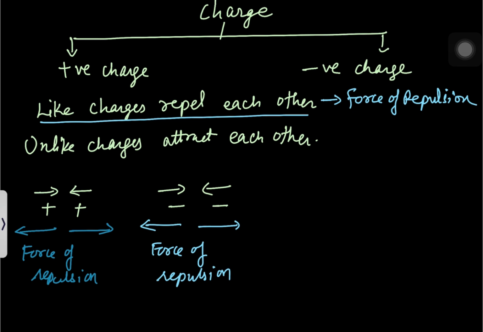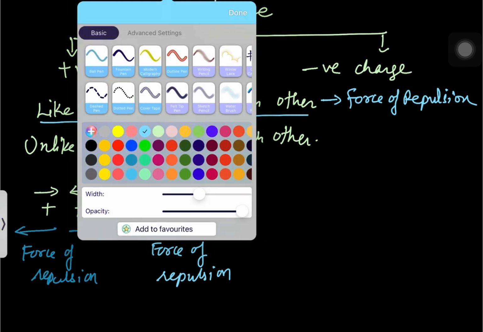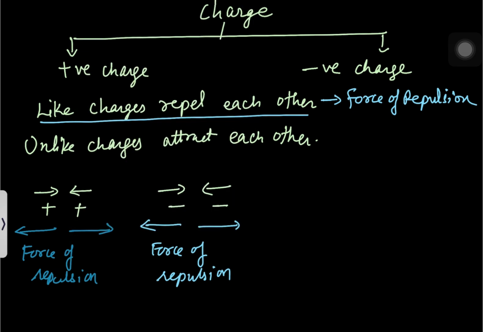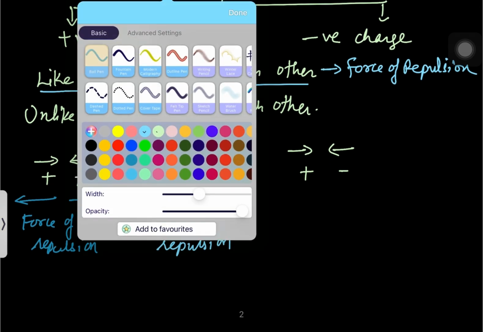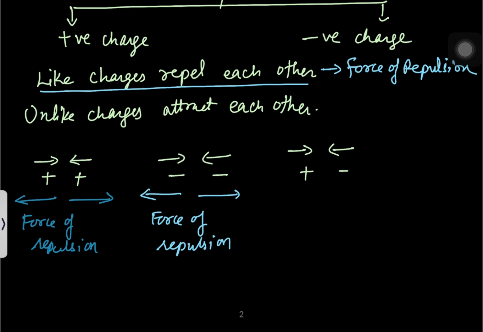Unlike charges attract each other. If I talk about the positive charge and the negative charge, अगर मैं इसको पास लेके आता हूँ, they are made close, brought towards each other, then what we notice, हम ये नोटिस करते हैं ये आपस में attraction force देते हैं.